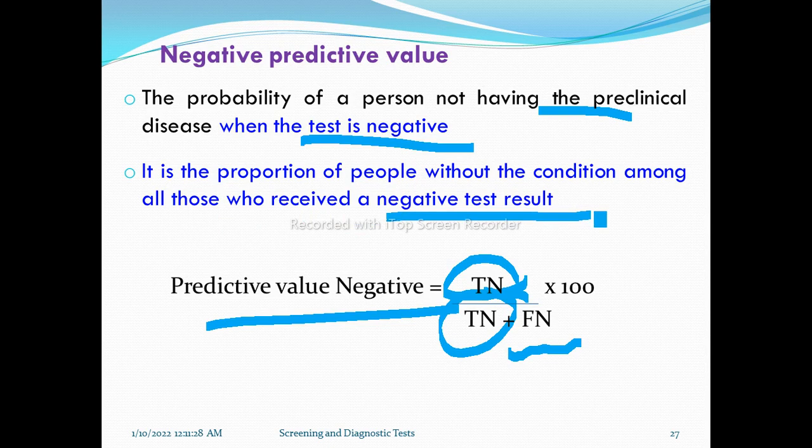Among those with a negative test result, how many did not have the disease? Negative predictive value is true negative over true negative plus false negative, times 100.